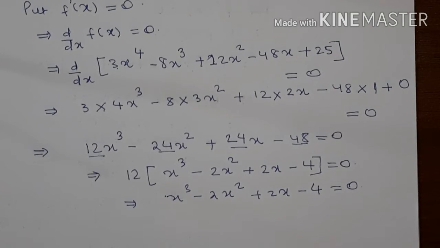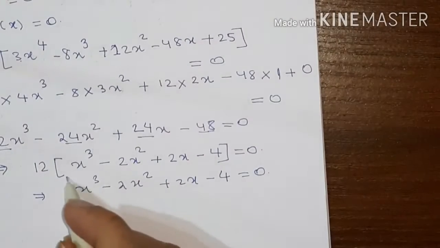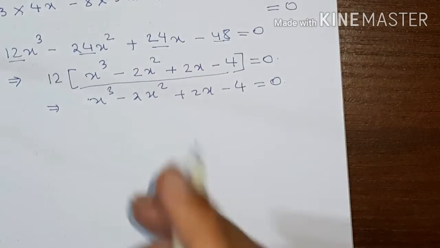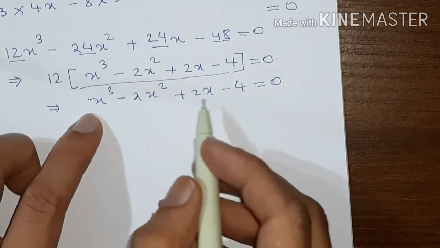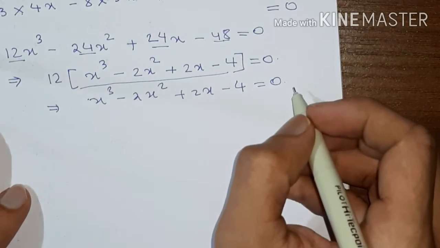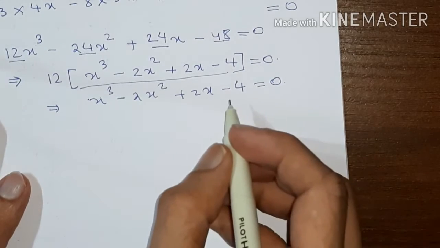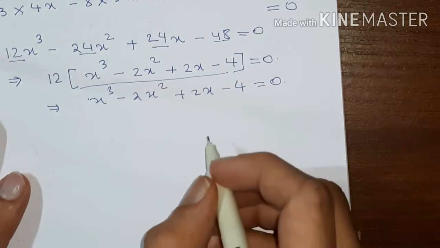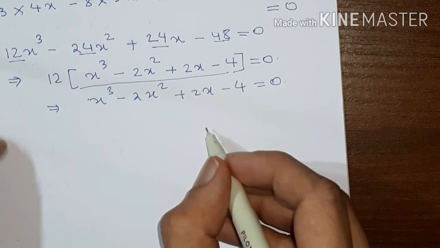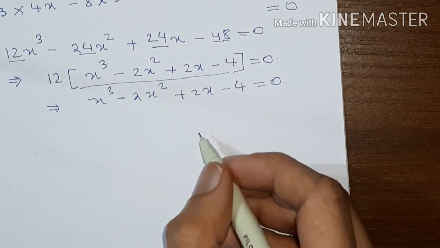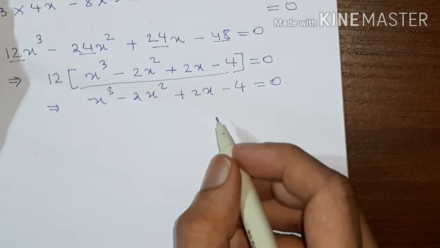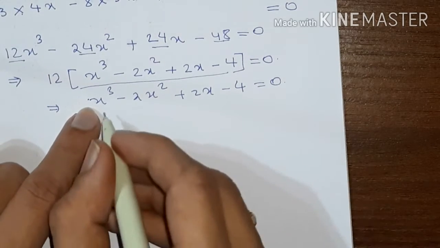Now what you have is a cubic equation, so you have to find the root of the cubic equation. So how to find it? There is a method which is called the synthetic division method. So what is it?